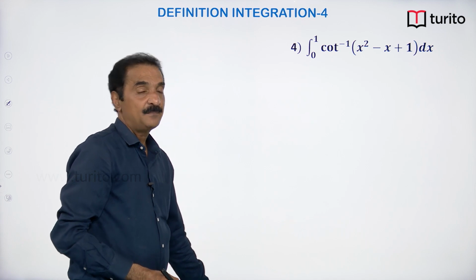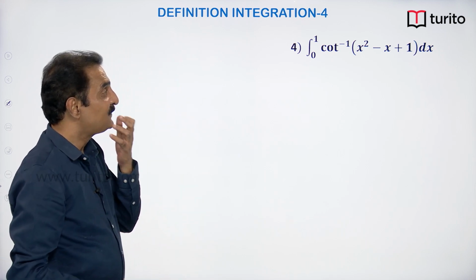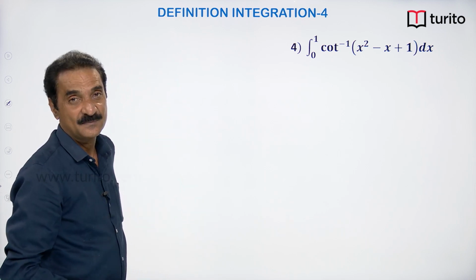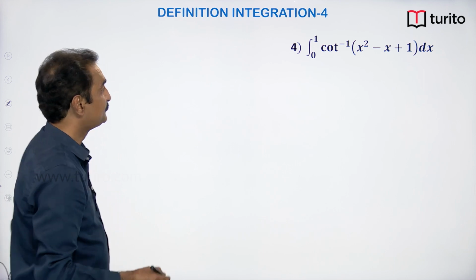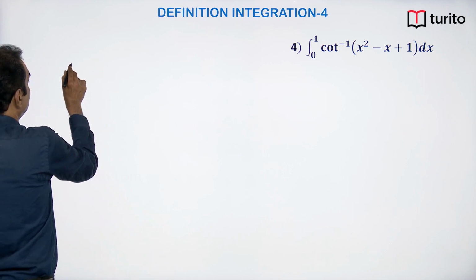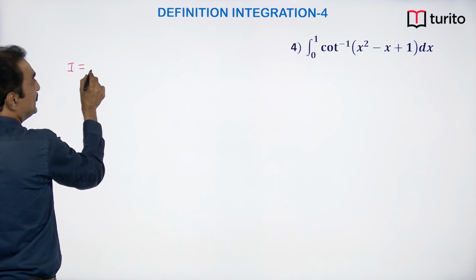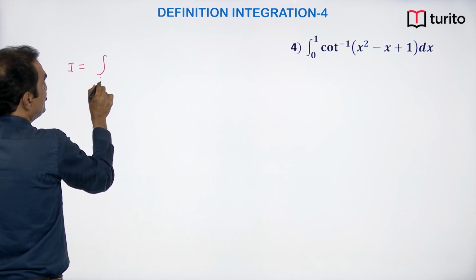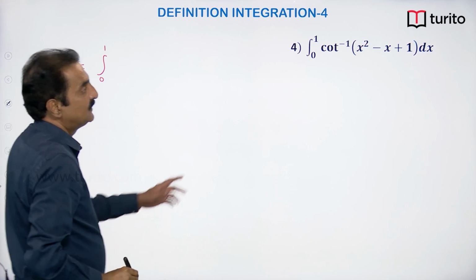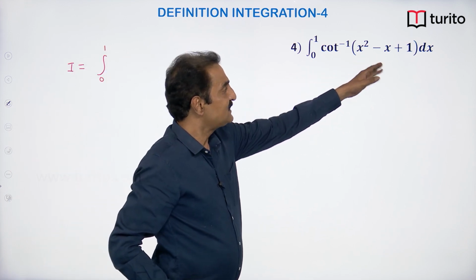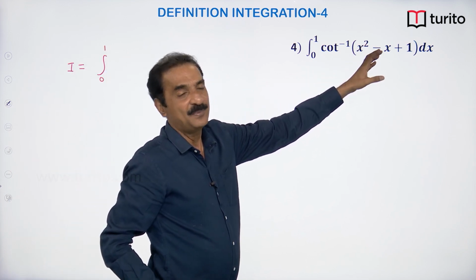integral 0 to 1 cot inverse of x square minus x plus 1. Integral 0 to 1, as it is, if you integrate it becomes very complicated.